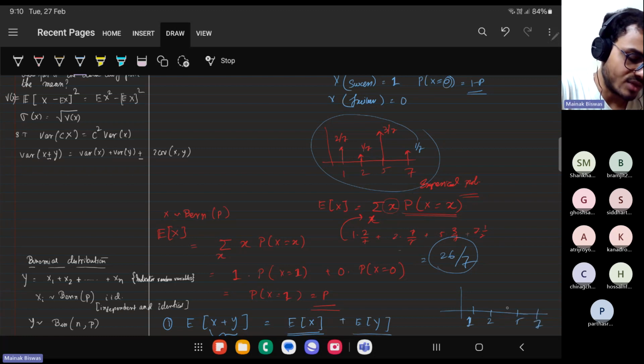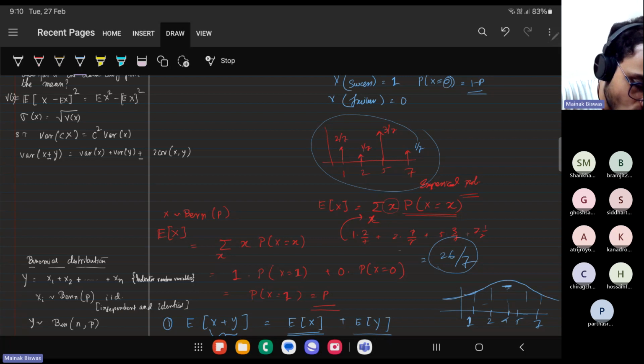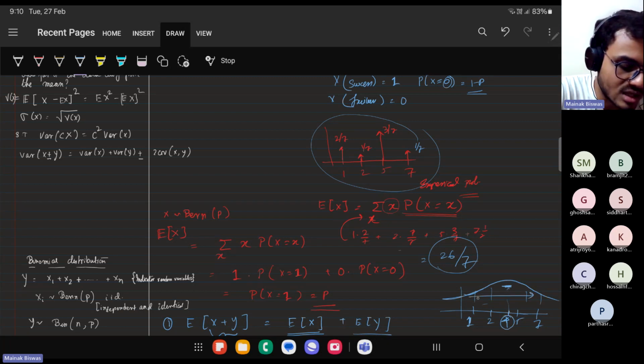So this is 3 point something. It should be around 4, right? So about its mean, what is the distribution? You will see this has some probability, and what about its mean? How are the probability mass functions distributed? That is the idea. Okay, the mean is around 4 for the random variable. And how much it varies across its mean is answered by its variance.